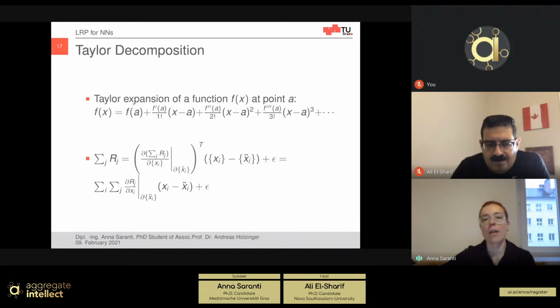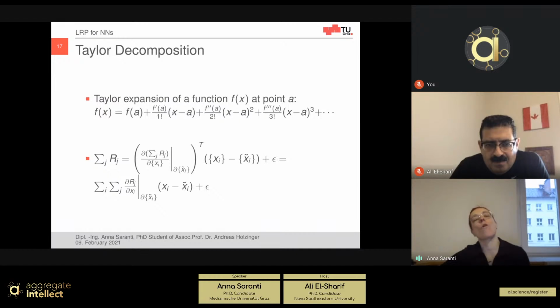So if we could find some root point a where the function was 0, then we could decompose the relevance of one layer to the inputs of its previous layer. Now the point is how to find this a. If we do a Taylor expansion, we want this a to be near enough to x.